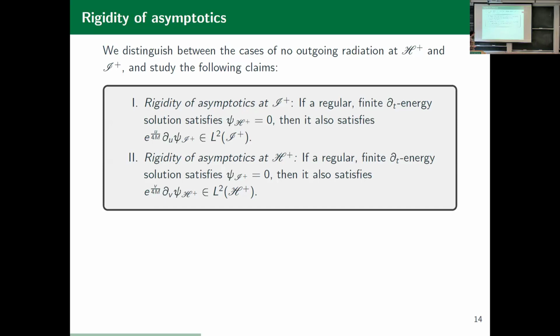And then the analogous formulation at H plus will be that if you have a solution which is regular at H plus, finite partial T energy, and has no radiation outgoing at Scri plus, then e to the v over 4m d_v psi at H plus will be in L2. So I'm going to examine these two claims.